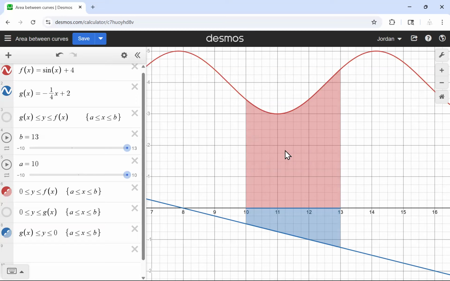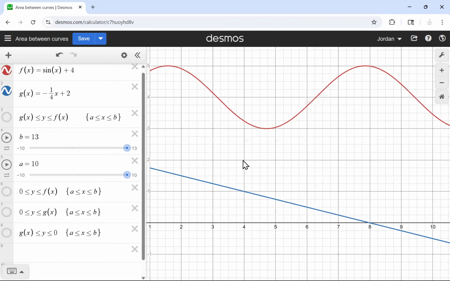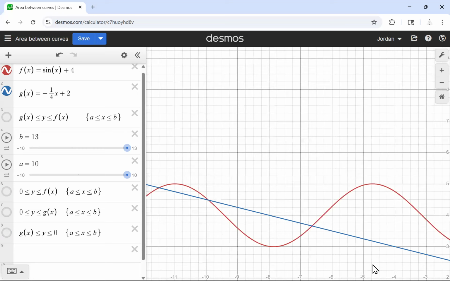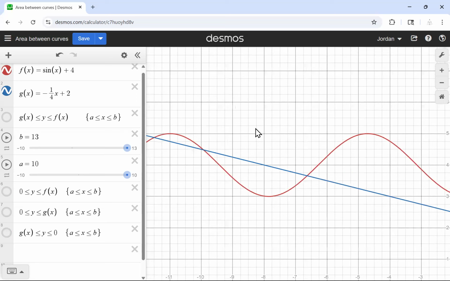Basically, it's just the signed area under one curve minus the signed area under another. Now, in this case, the red curve, f of x, was on top, and the blue curve, g of x, was on bottom. But if we go to another part of the graph, maybe over here, the g of x is going to be on top and the f of x is going to be on bottom.